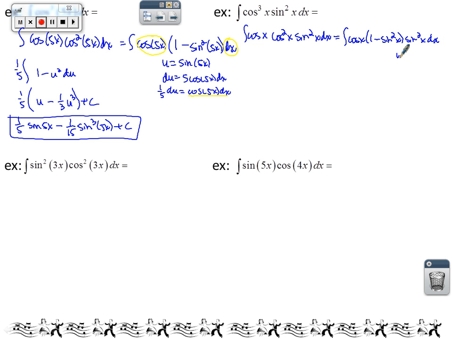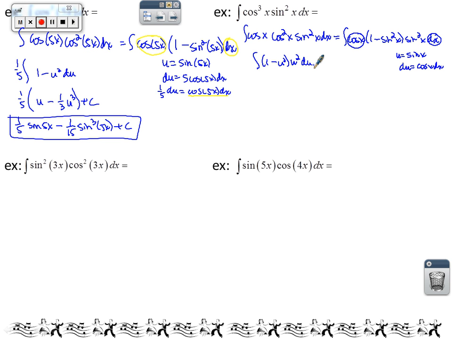Let's make u sine x. du would be cosine x dx. So the cosine x and the dx turn into du, and sine x turns into a u. So I have the integral of 1 minus u squared times u squared du.